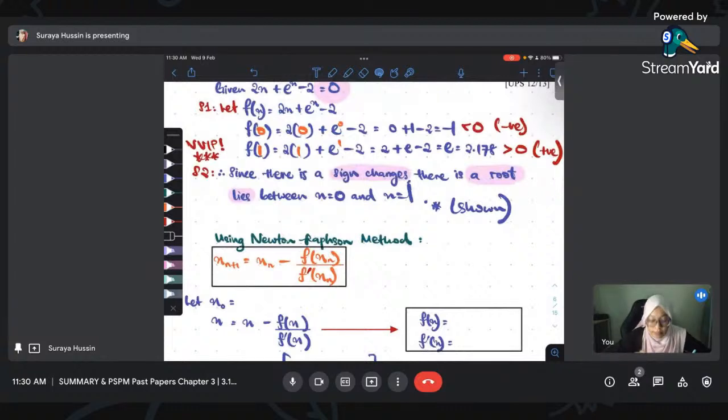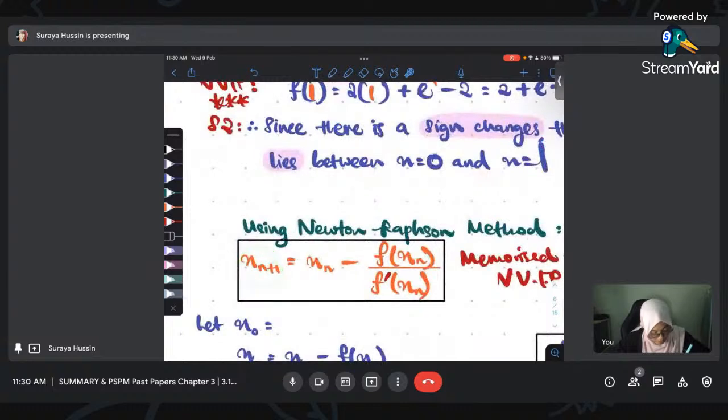Okay, how is it? First of all, you must memorize this formula. This formula is very, very important. Very, very important means hafal. It's not that hard. Dia mesti start daripada x n plus 1.